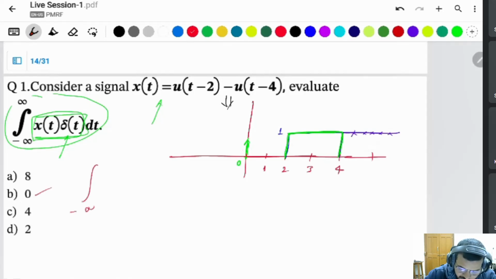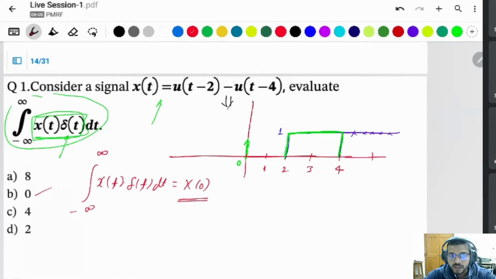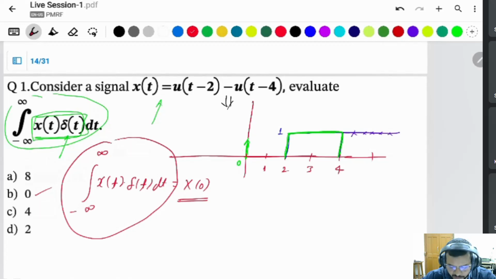That's why the property of the impulse is the integral of x(t) delta(t) dt is equal to x(0). It means the signal value at 0 is the value of this whole integration. This is the area only.